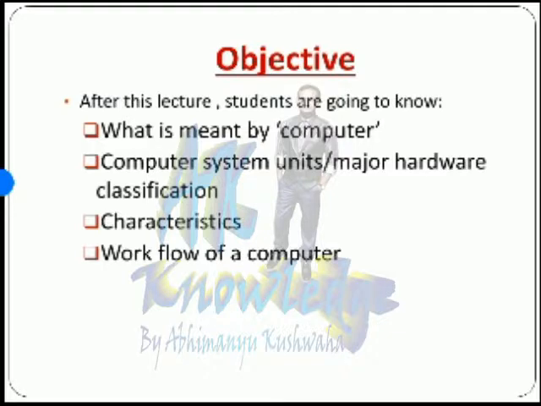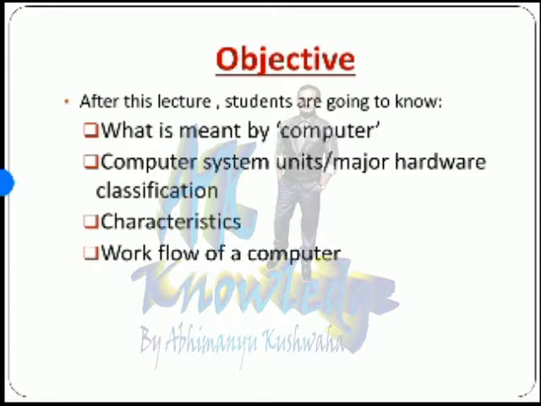Point third is characteristics, and point 4 is workflow of a computer. Remember one thing, this is only the first half of the first chapter. The second half of the chapter will be discussed in the next video.